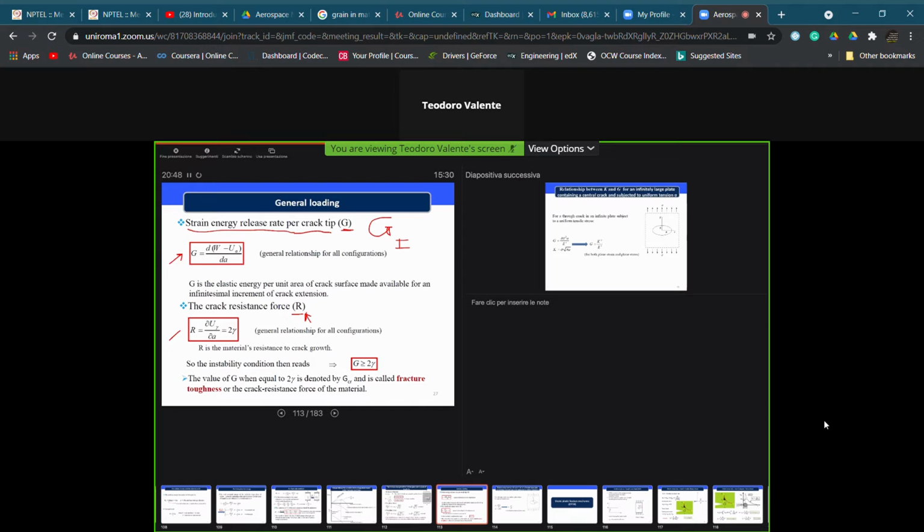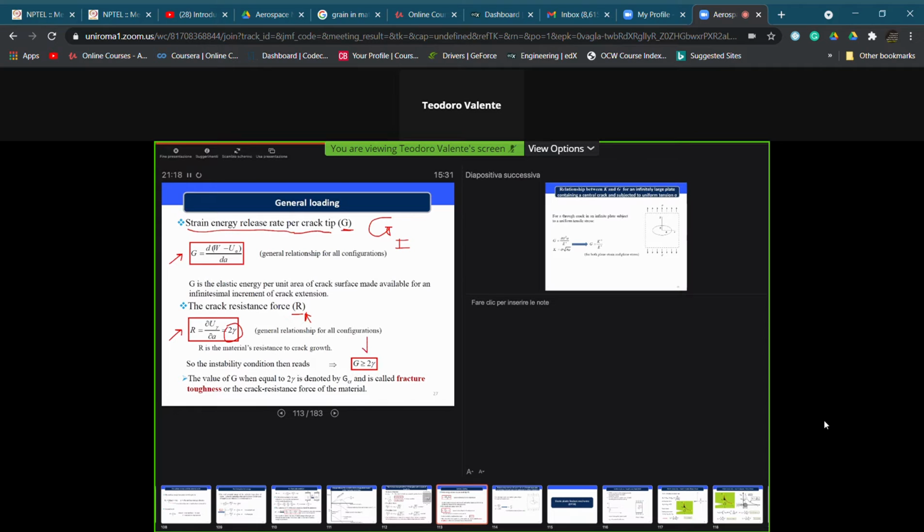This term R is the energy requested for the formation of new surfaces for an infinitesimal increment of crack extension. And so the value of R is equal to 2 times gamma. That's what we have written before. R is also called the material resistance to crack growth.